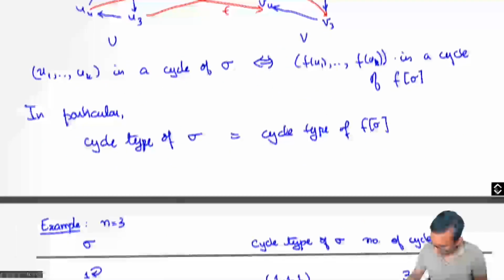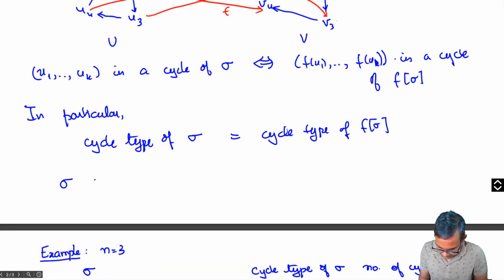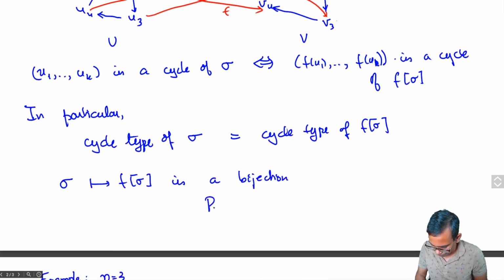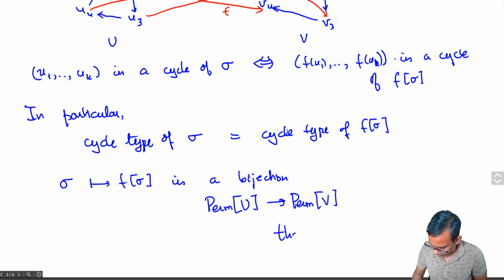So what we're saying is that this map sigma goes to f sigma is a bijection from perm U to perm V that preserves cycle type.